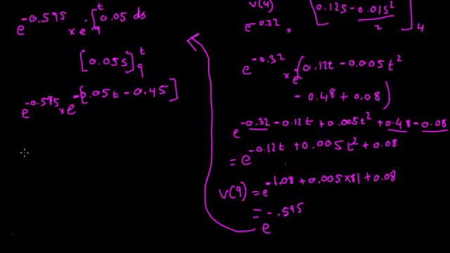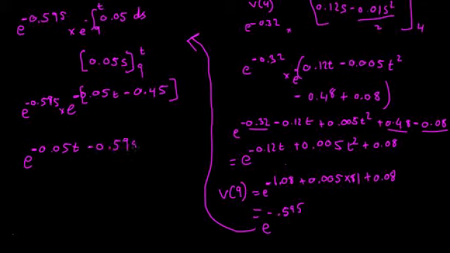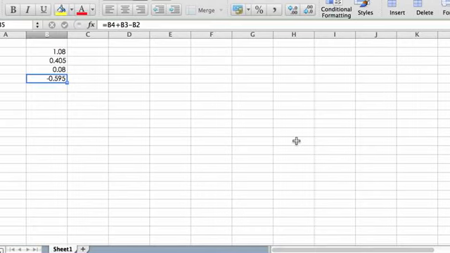And so now what is e to the negative 0.05t minus 0.595 plus 0.45? Don't know if that's off the top of my head, so that's going to be minus 0.595 plus 0.45, which is negative 0.145.